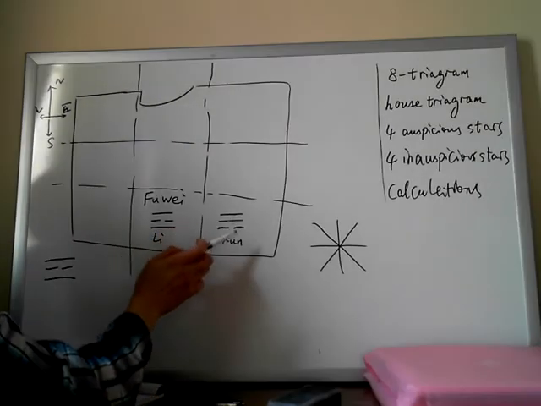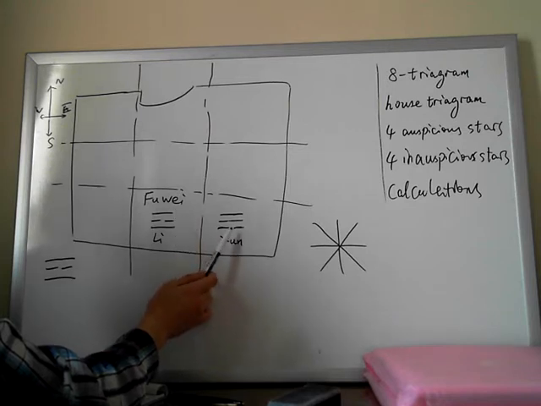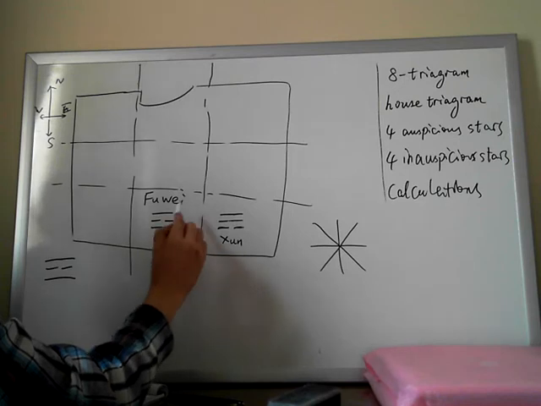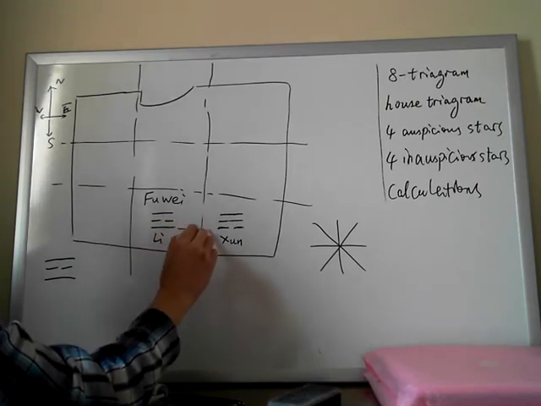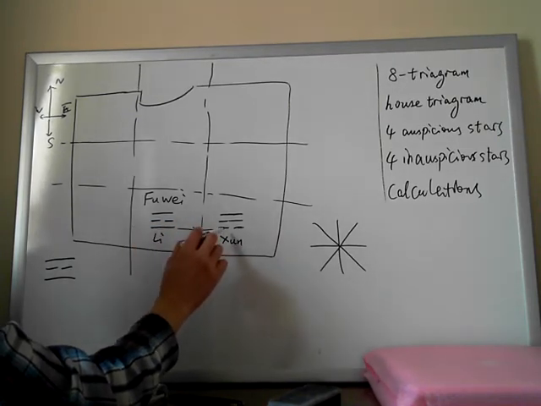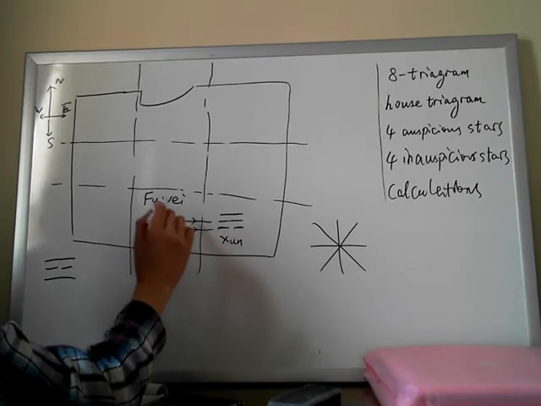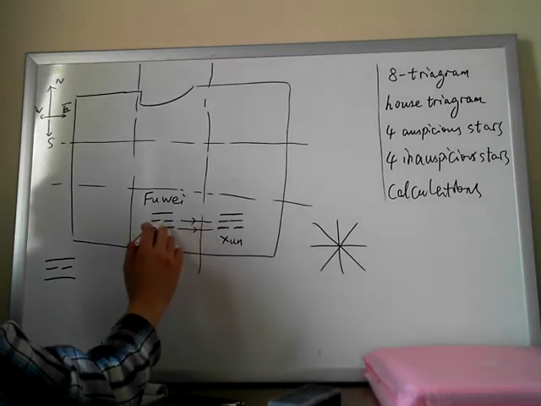And so, which star is in this sector? How to determine that? Basically, you compare the trigram in this sector with the trigram in Fu Wei. What's the change? The bottom line goes from a single line to a divided line, so there is a change of the bottom line. And the middle line changes from the divided line to a single line, so there's a change in the middle line.